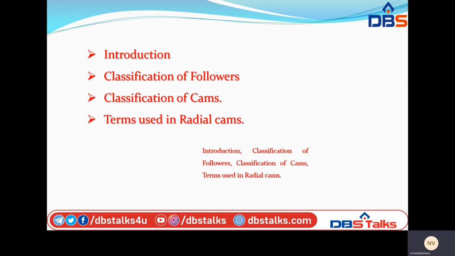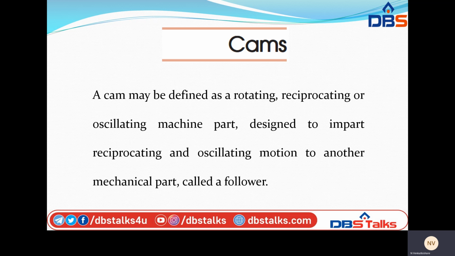So what is meant by a cam? A cam is a rotating machine element which gives reciprocating or oscillating motion to another element, called a follower.